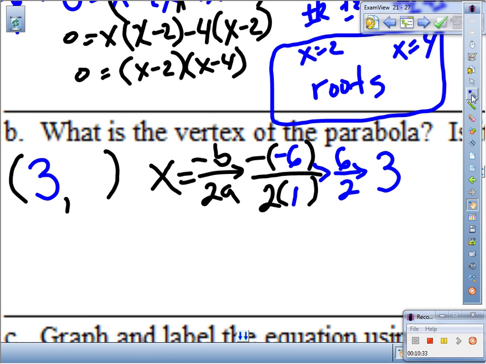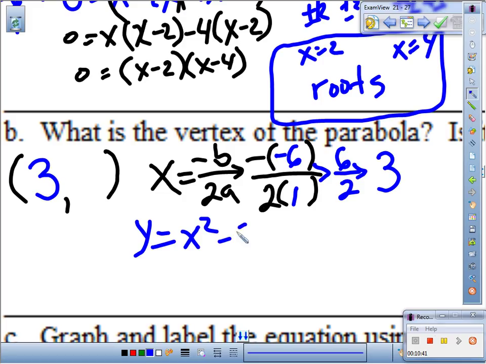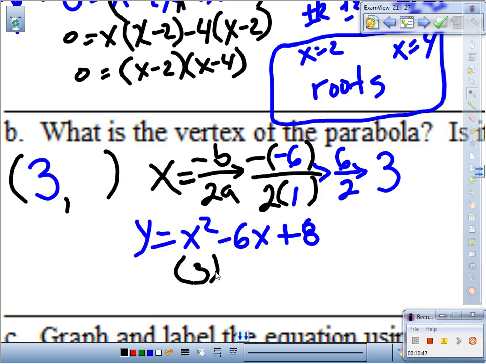You substitute 3 into the original equation. So let me write the original equation. y equals x squared minus 6x plus 8. But instead of x, we're going to substitute 3, minus 6 times 3 plus 8. And all that equals y.